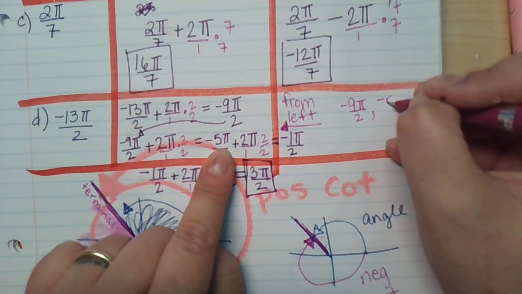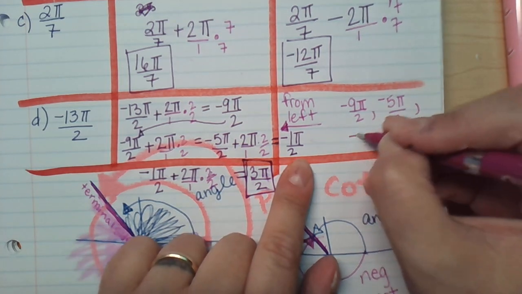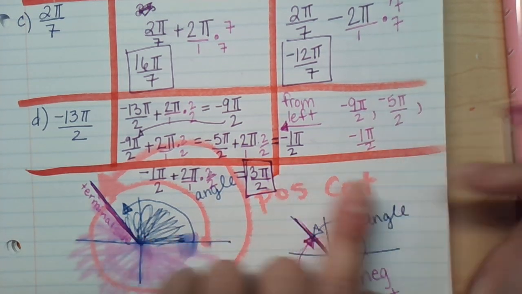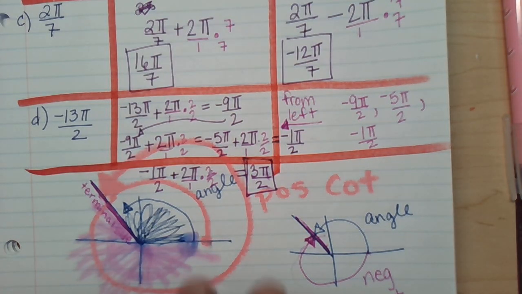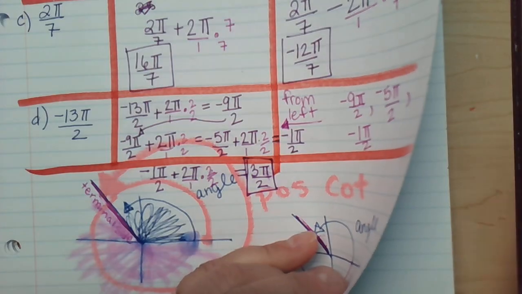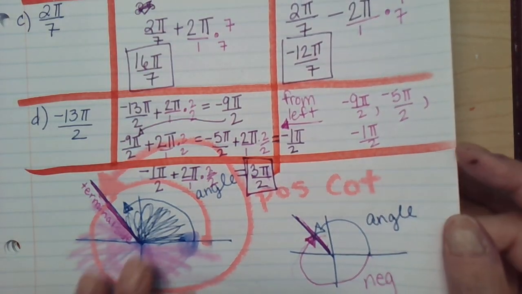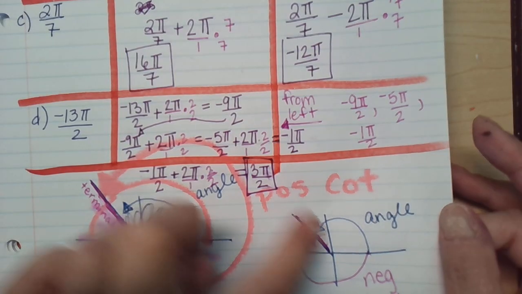We found -5 pi over 2. That's a coterminal angle. We found -1 pi over 2. Those are all coterminal angles. They all land on the exact same spot. Whether you add 1 spiral, 2 spirals, 18 spirals, or subtract it, whatever. They all land on that same spot.